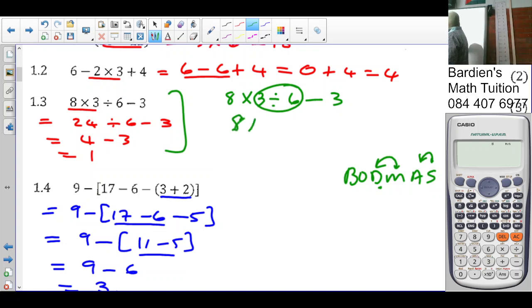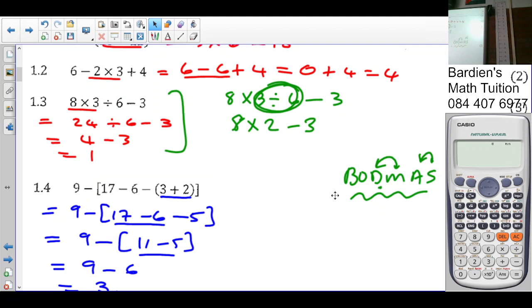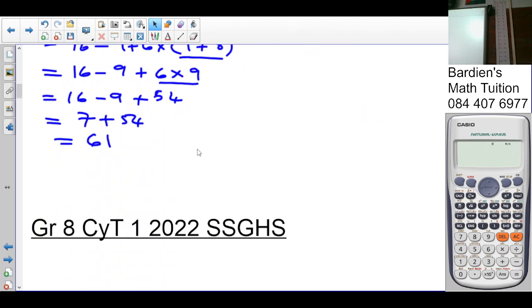So then you said it's 8 times 2 minus 3. Now this is not 6 divided by 3, it's 3 divided by 6. That's why it's supposed to have gotten a half. That's why I say, just follow this rule. If there's division and multiplication, you can interchange to whatever comes first from the left, and you won't make that mistake. Okay. Anybody else? Okay. Thank you, Michael, for asking the question.